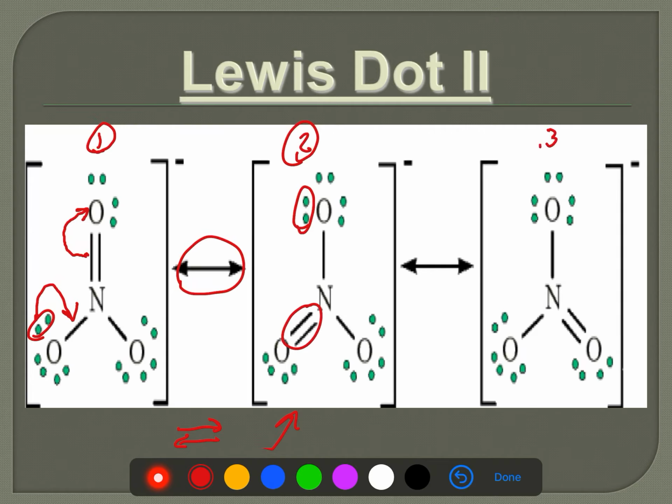To go from structure number 2 to structure number 3, and I'll do that in blue, we're going to take this electron pair and move it down and make the double bond. And then we're going to break this double bond and move the electron pair back here to go to diagram number 3. So you're not changing the way anything is connected.